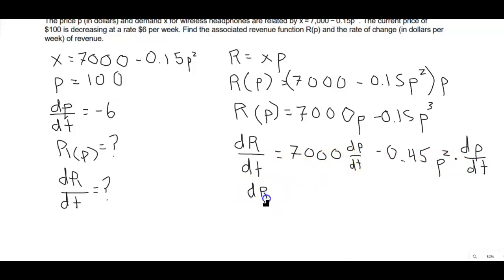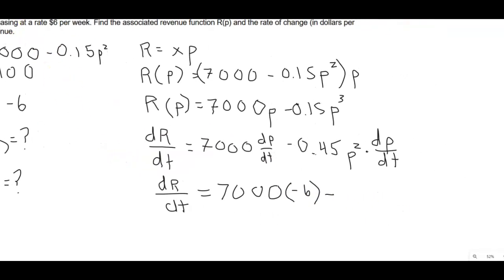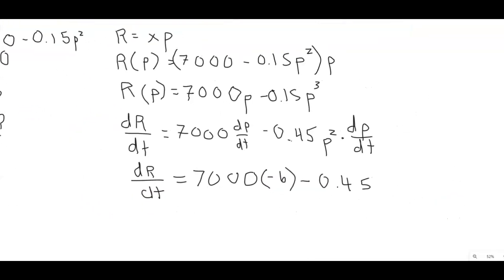So the derivative of our revenue with respect to time is equal to 7,000 times the derivative of our price with respect to time, which we know is negative 6, minus 0.45 times my price, which is $100, so times 100 squared, times my derivative of my price again, so times negative 6.